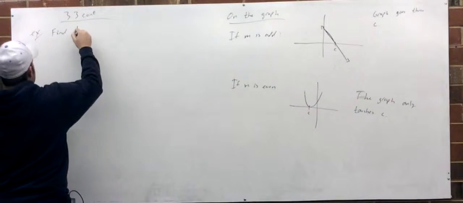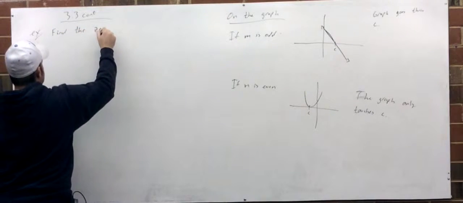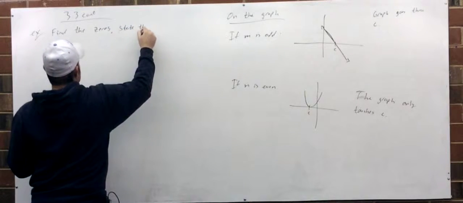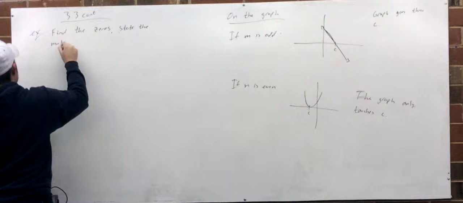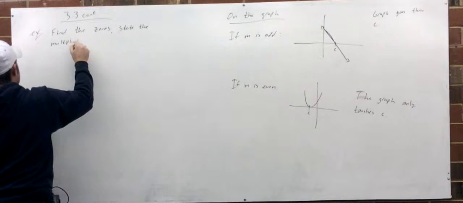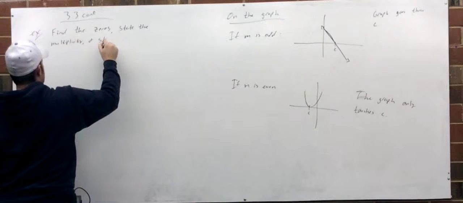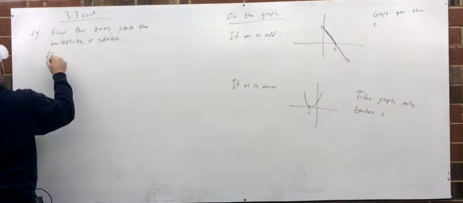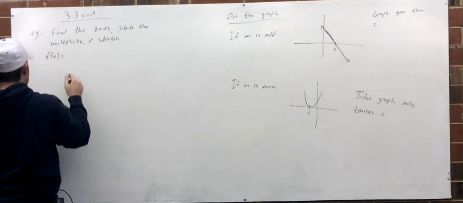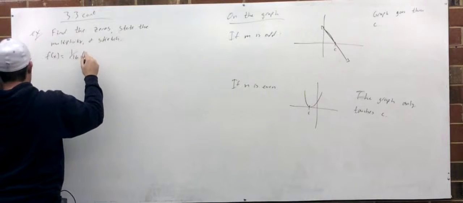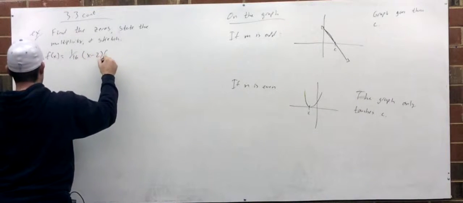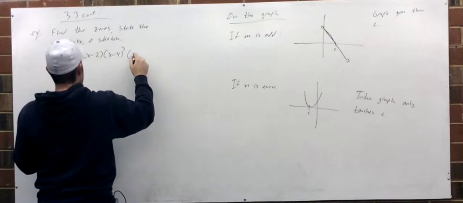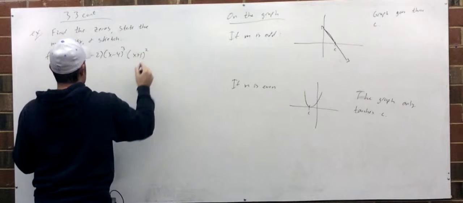Well, let's see. Find the zeros. State the multiplicity. And sketch. Here's our function. F of x equals 1/16 times x minus 2, x minus 4 cubed, x plus 1 squared.